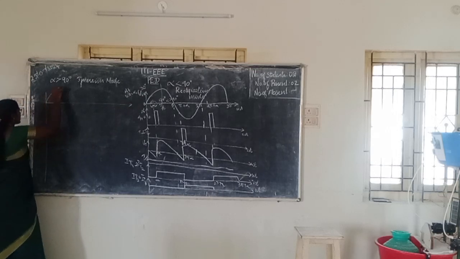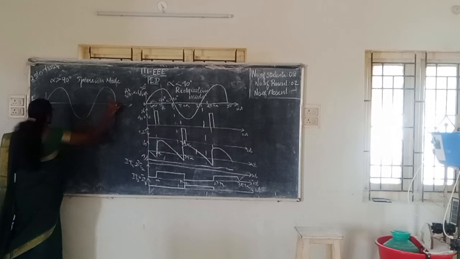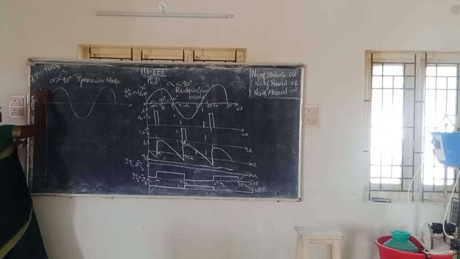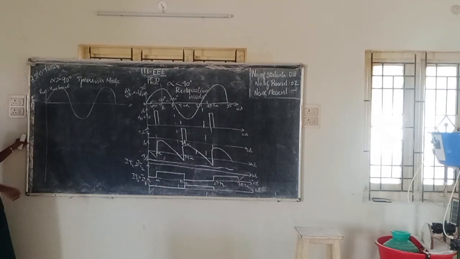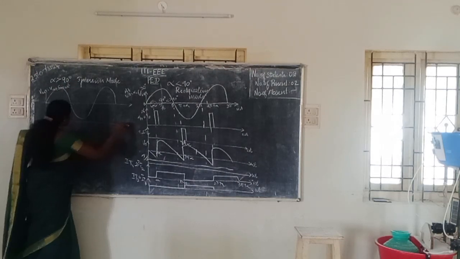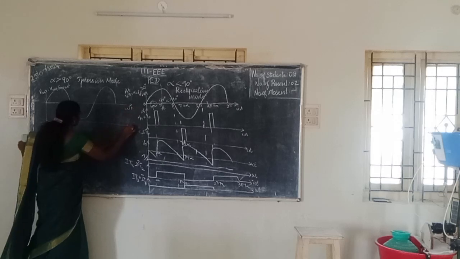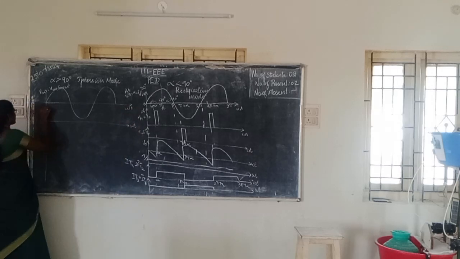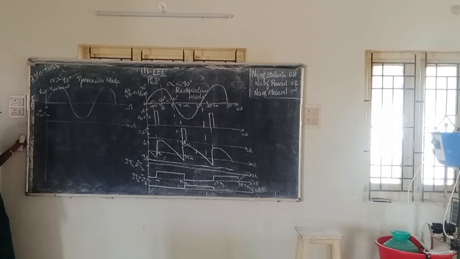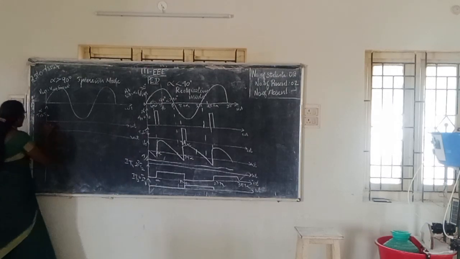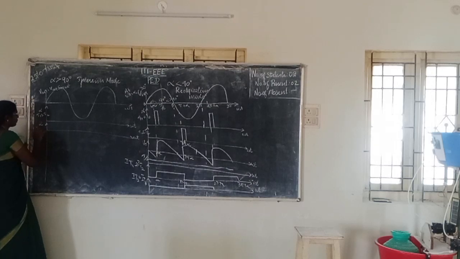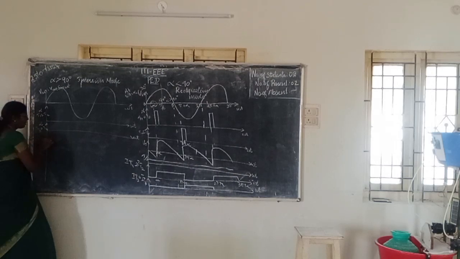Let's see first. Our input is sinusoidal in nature, Vin equals Vm sin omega t. Everything happens with respect to omega t. This is for alpha, the trigger impulse for T1 and T2, and the next is for alpha, the trigger impulse of T3 and T4.